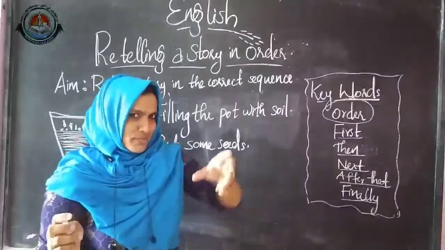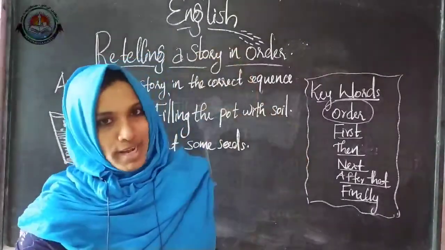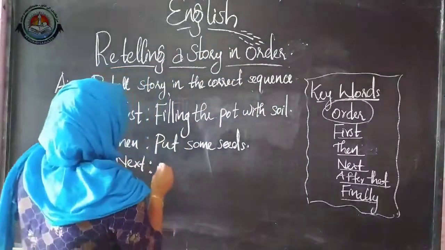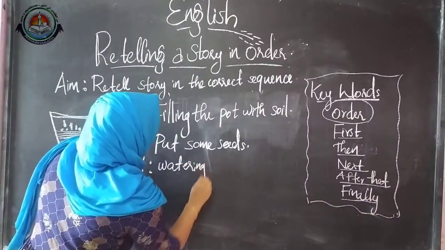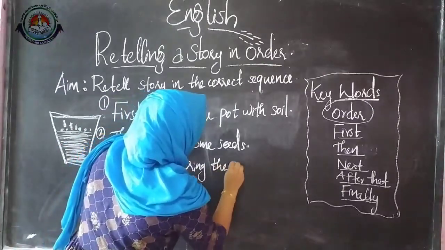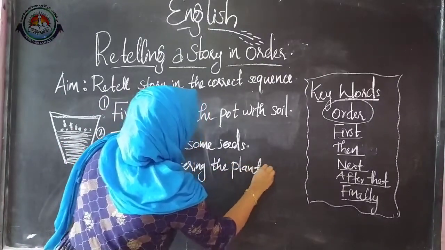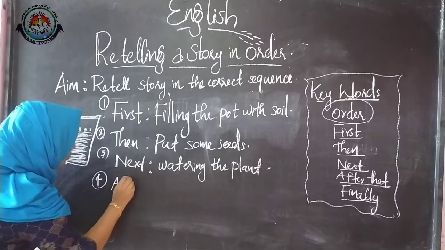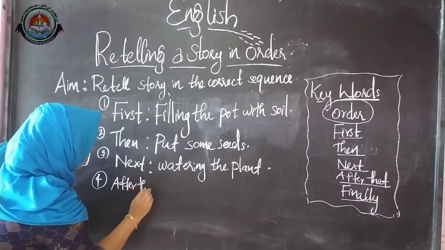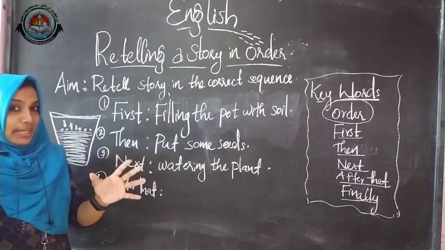Then what is next? Yes, next you have to water the plant. Watering the plant is the third step. Watering the plant, and after that, what will happen?